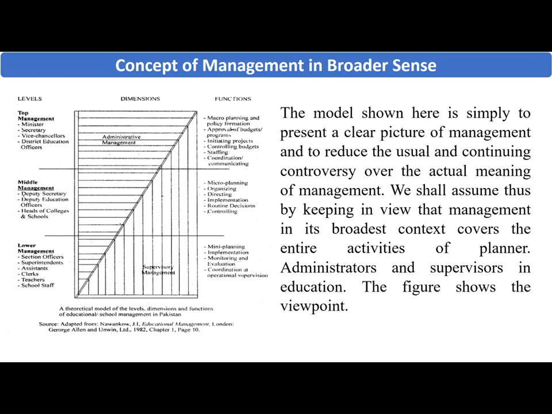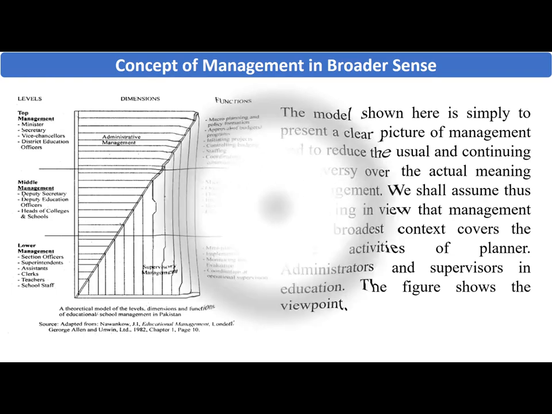This model shown here is simply to present a clear picture of management and to reduce the usual and continuing controversy over the actual meaning of management. So we shall assume, keeping in view, that management in its broadest context covers the entire activities of planners, administrators, and supervisors in education, and this is very clear from the given pictures.